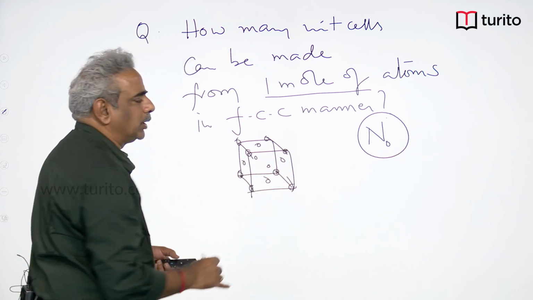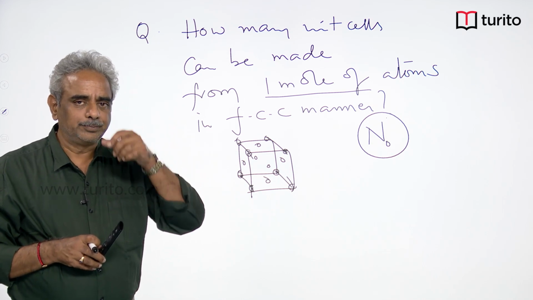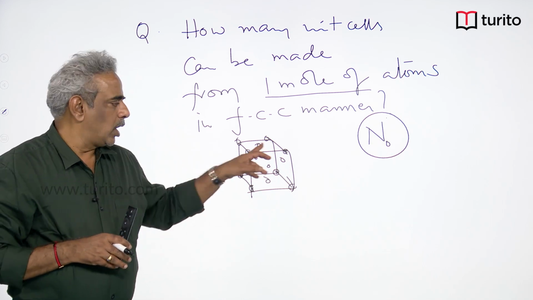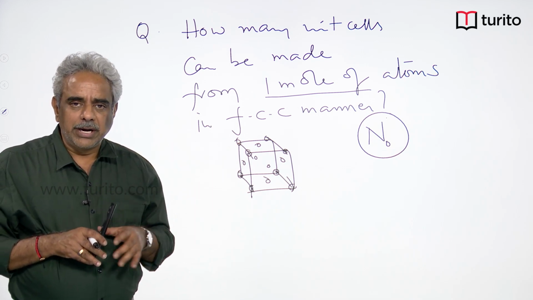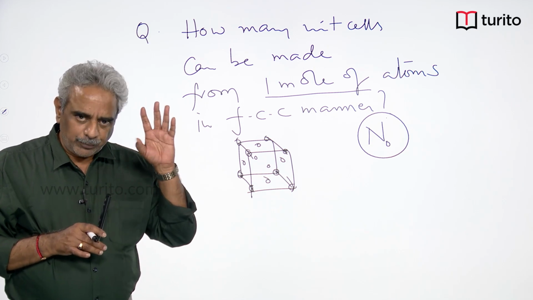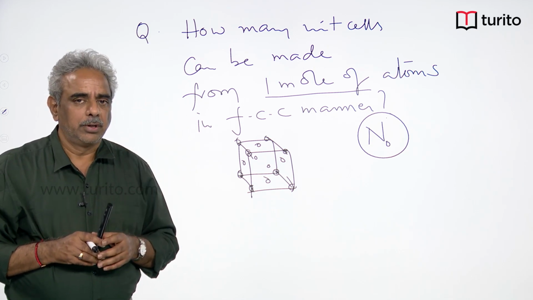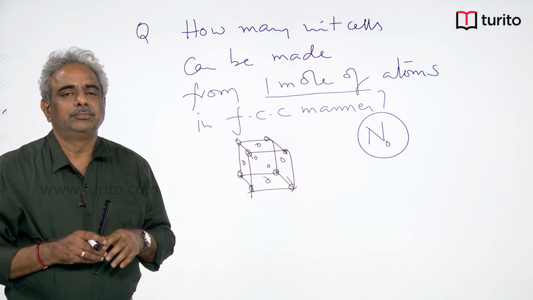Every time you need not draw this, that should keep on ringing in your mind. 8 corners, 6 faces, FCC unit cell. 8 corners, 8 into 1 by 8, 6 faces, 6 into 1 by 2. So, total 4 atoms per unit cell. Using 4 atoms, I can make 1 unit cell.